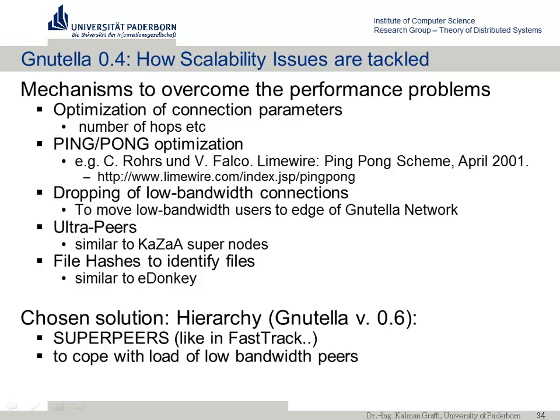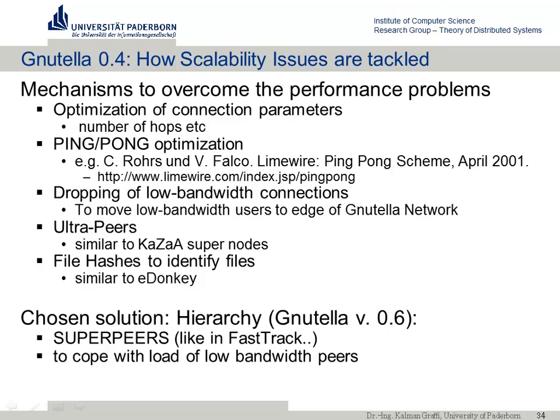But Gnutella 0.6 we won't see here, because in this part of the lecture we are still talking about homogeneous networks. It will be, I think, in 20 more slides, probably next week. So just keep in mind that the super peers will somehow solve some problems that Gnutella had.